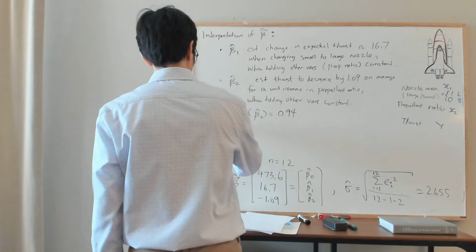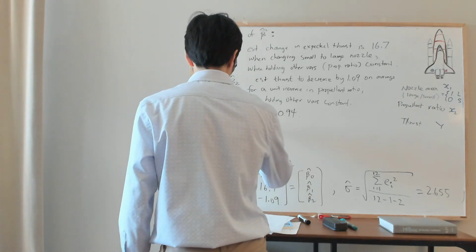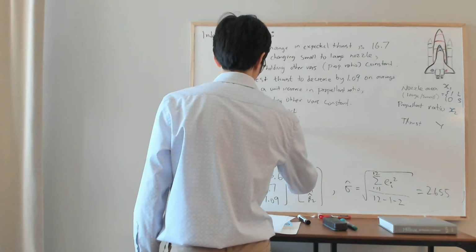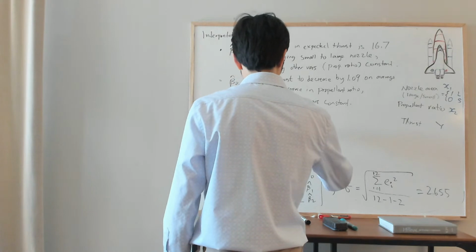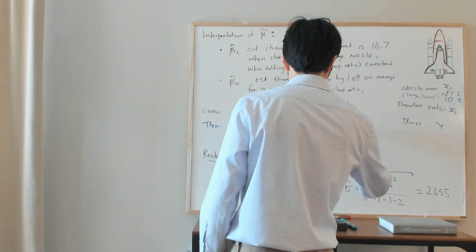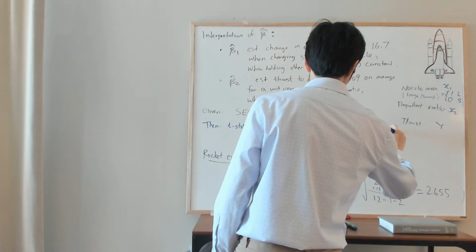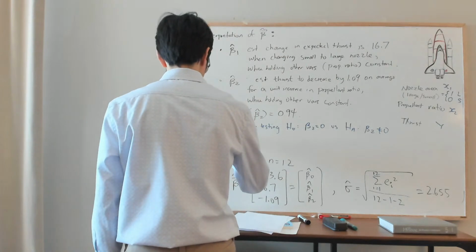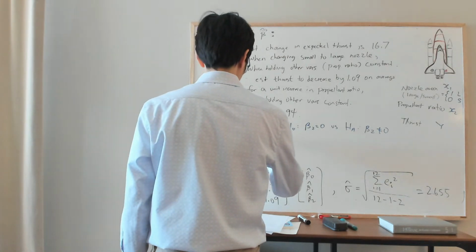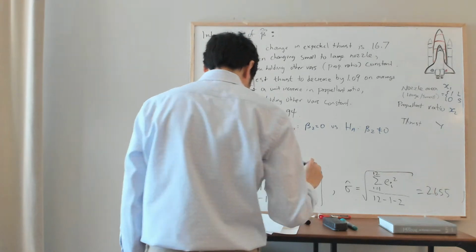Okay, so then we can say the following. The t statistic for testing the null, which is beta 2 equals 0, versus the alternative beta 2 not equals 0, is, okay, so the estimate is minus 1.16... the estimate is minus 1.09, standard error 0.94.